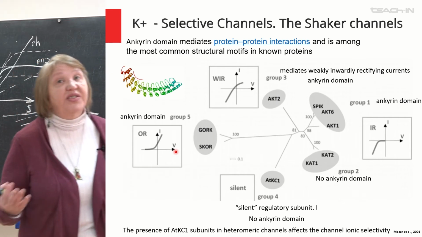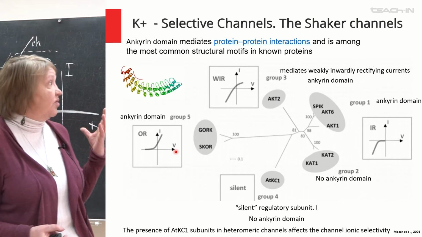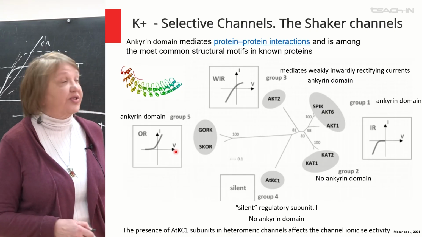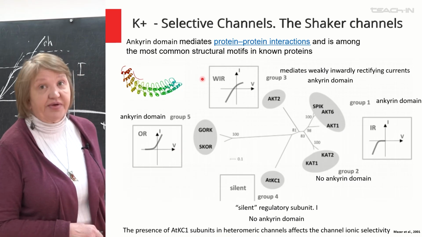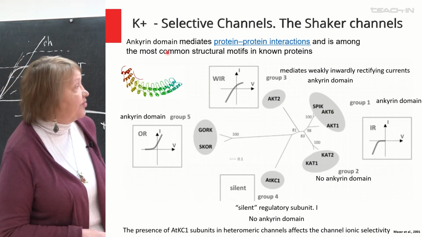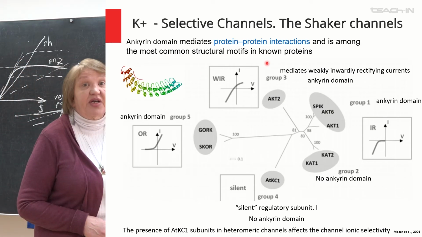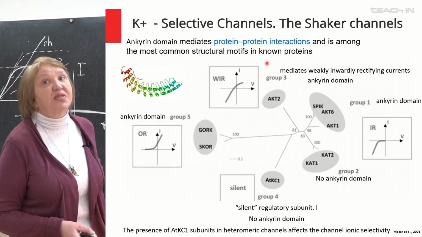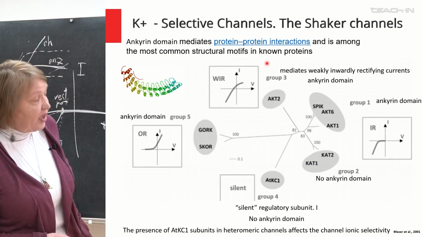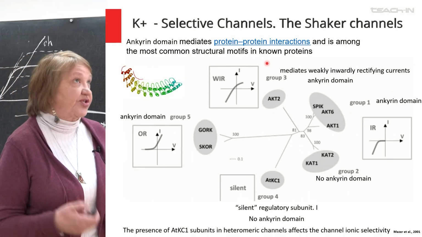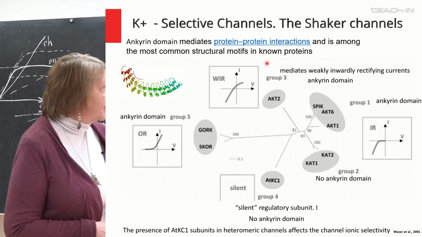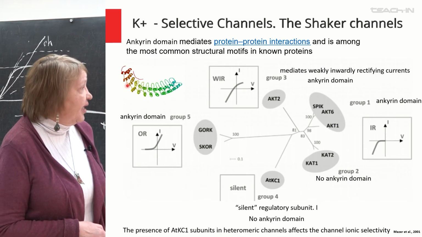So how do we distinguish those groups? One of the ways to distinguish is the presence of an ankyrin domain, which mediates protein-protein interactions. It's one of the most common structural motifs in many proteins. And here is what it looks like.